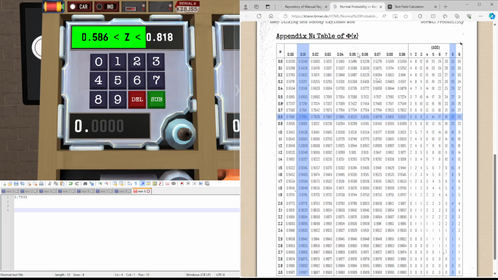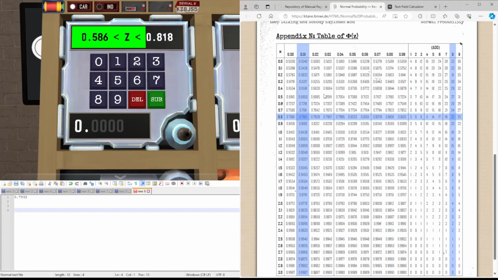So in this case, what we calculated here is going from 0.818 and going completely to the left. So of course, to get it in between, we should take the other side of it, take that to the left, and then subtract that off of it. So in this case, we're going to take z being less than this value rather than greater than it, and then subtracting that value.